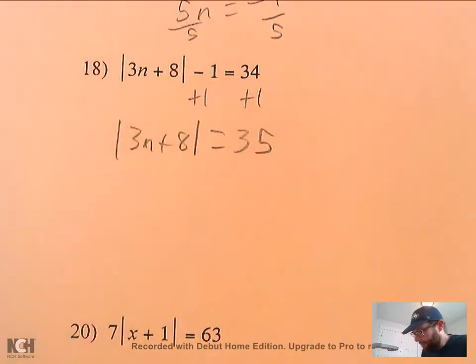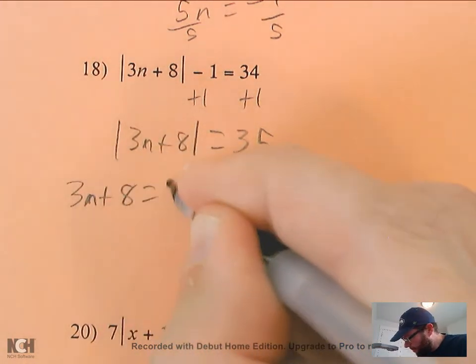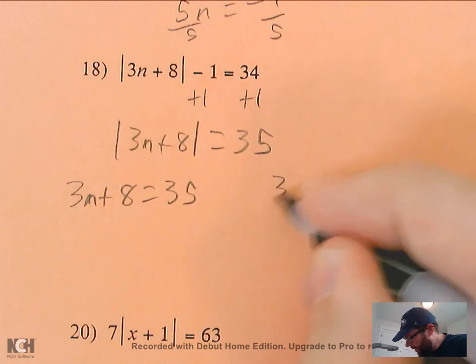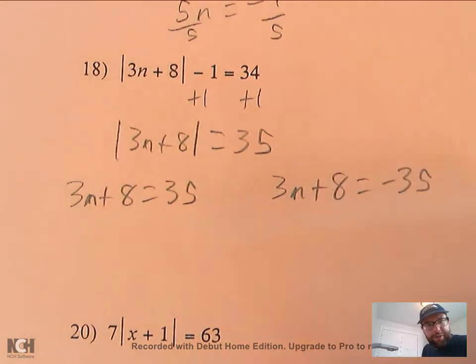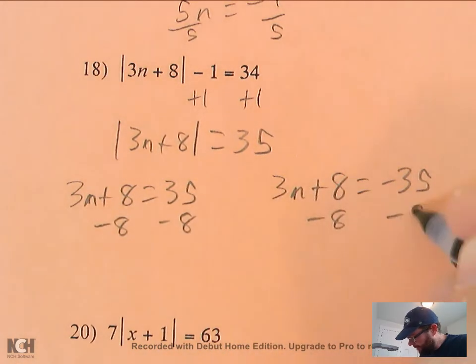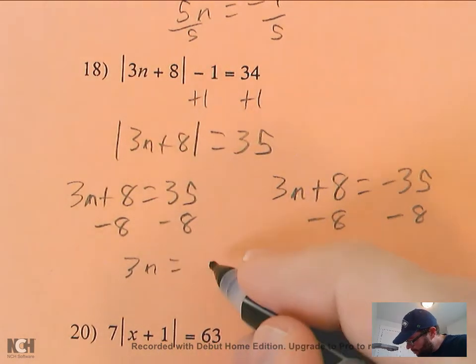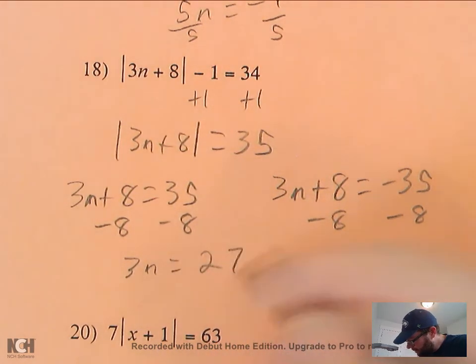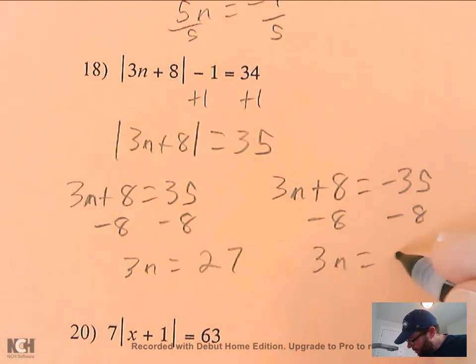Now it's equal to a positive number, so you have to split it. 3n plus 8 could equal positive 35, or 3n plus 8 could equal negative 35. And then you just minus the 8 to both sides. Minus the 8, right? Get rid of the add subtract first. Gives you 3n is equal to 27. And 3n is equal to negative 43.